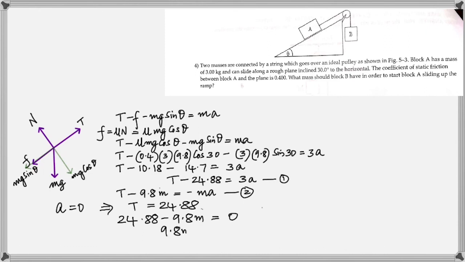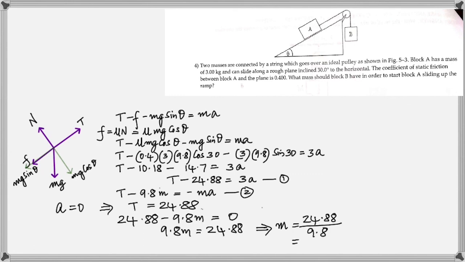And while that is going on, just think about what could be the variations of this problem. The major variation could be if the question talks about the object A already moving. Then instead of static friction, we will be using kinetic friction because it's already moving.